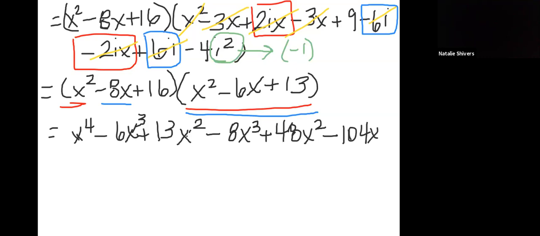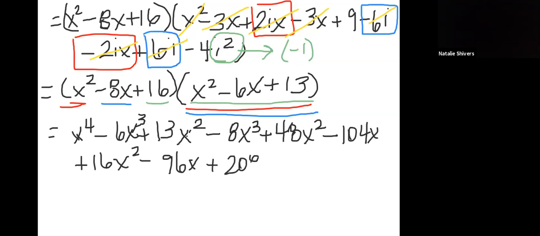Then last piece. I'm going to take plus 16 times the whole back piece as well. So I get plus 16x squared minus 96x plus 208.